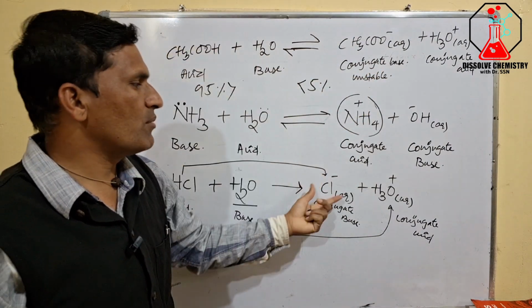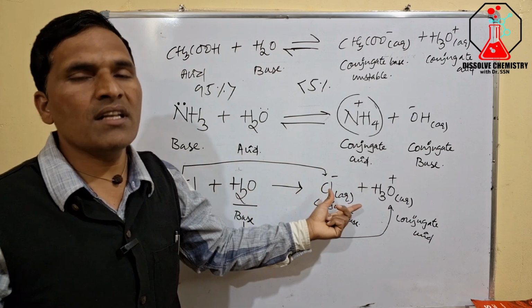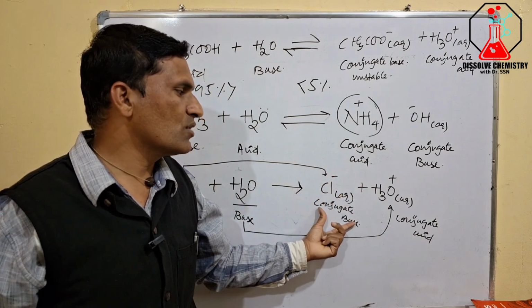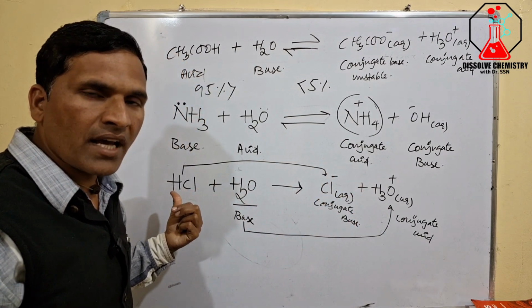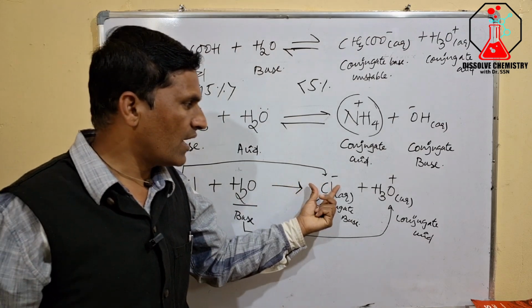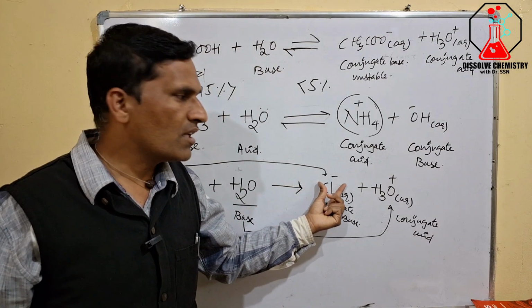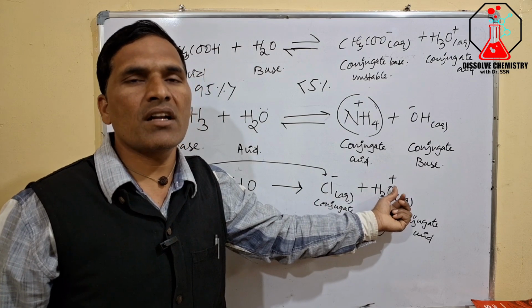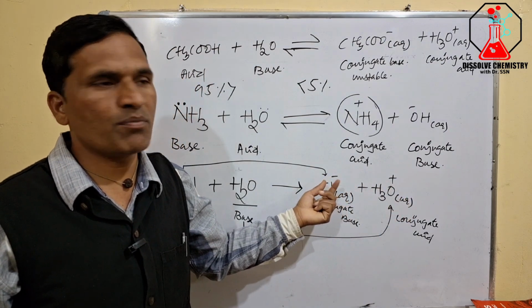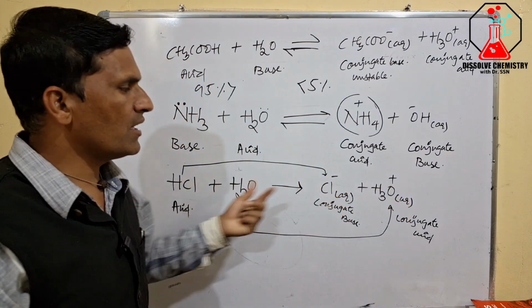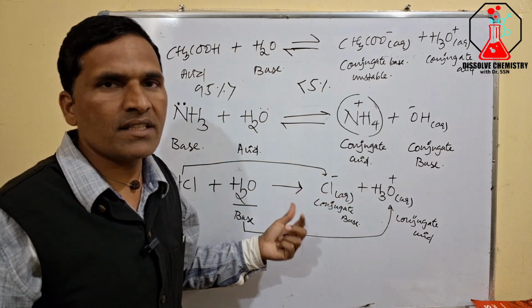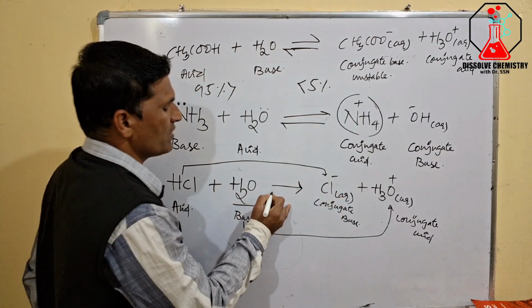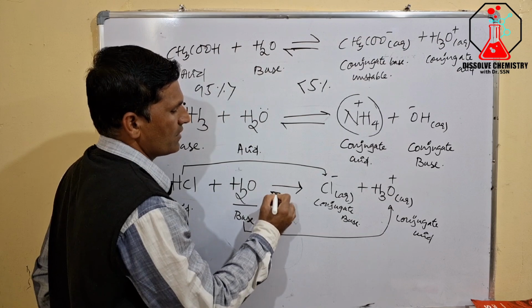If it is more stable, as you see in the case of HCl, Cl minus, which is the conjugate base of acid HCl, it is highly stable in water, so it will not recombine or reaccept the proton from H3O plus to form HCl. Hence it is a strong acid and your equilibrium will be shifted in the forward direction.